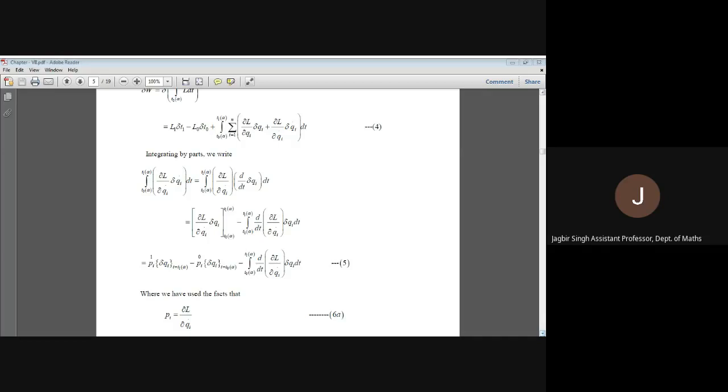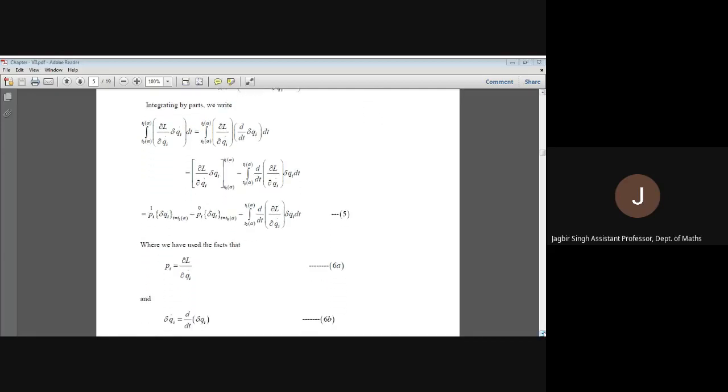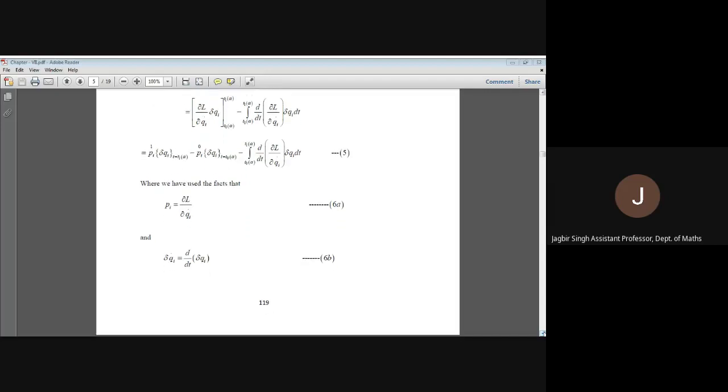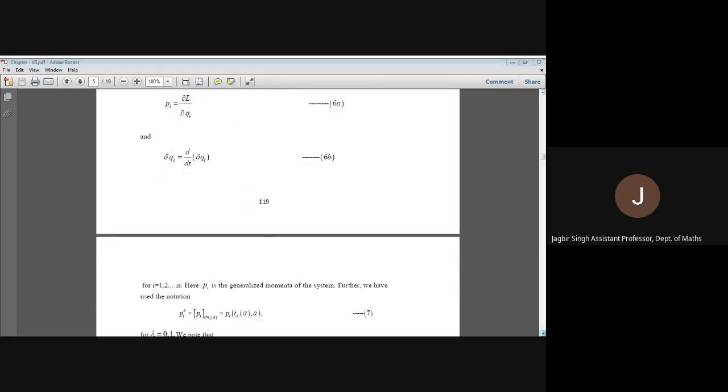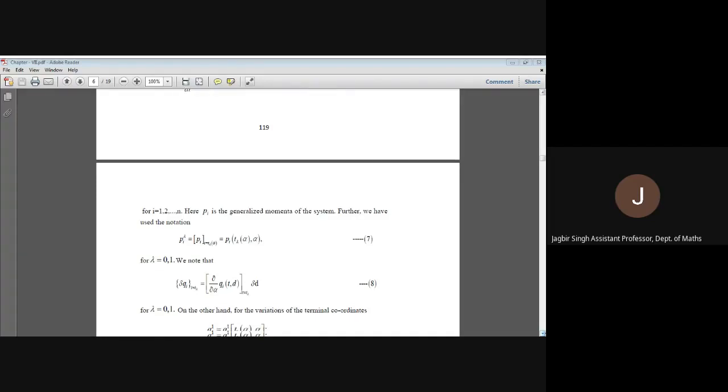Where now curly L by curly Qi dot is Pi. All of us know that when we defined the Hamiltonian coordinates, it was Pi. Now del Qi dot is d by dt of del Qi. Yesterday we obtained it. Pi lambda is the value of Pi at T is equal to T lambda alpha, for lambda is equal to 0, 1.